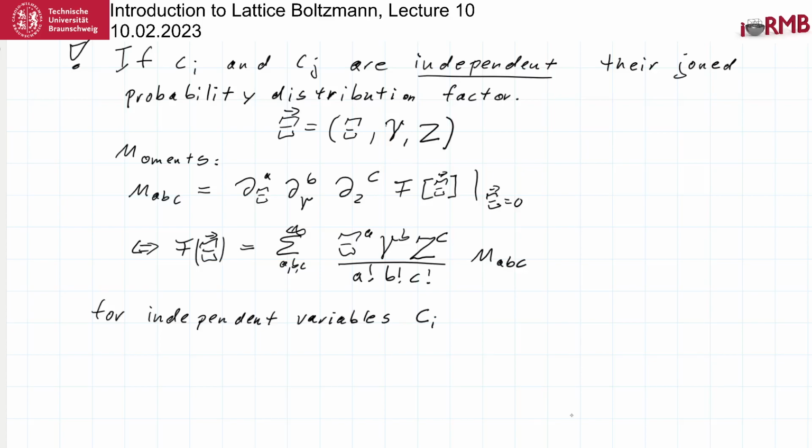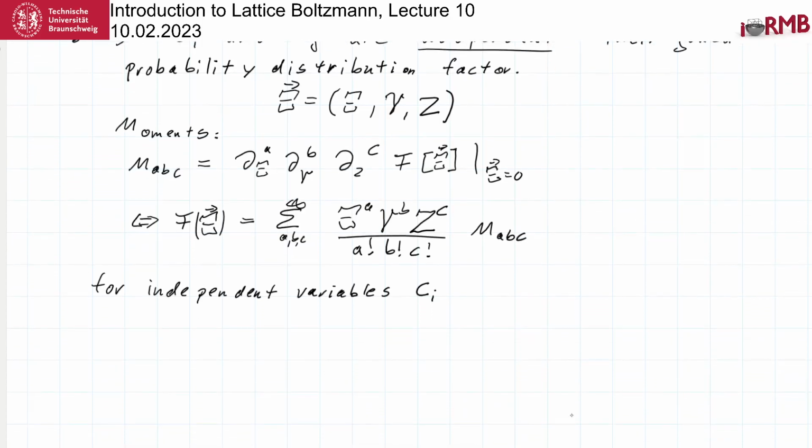So we are looking for independent variables, and we have the same distribution function. We say this distribution function looks like this: a product to infinity over variables of the single distribution functions, each of them depending only on one variable.